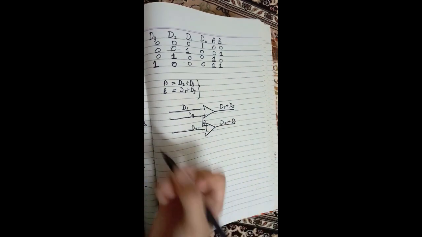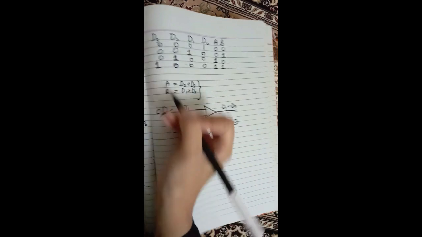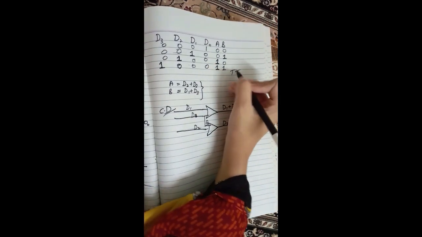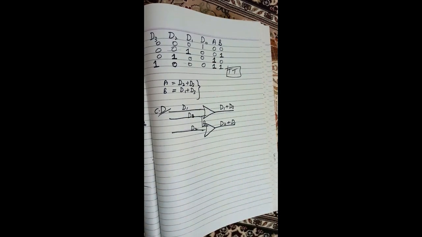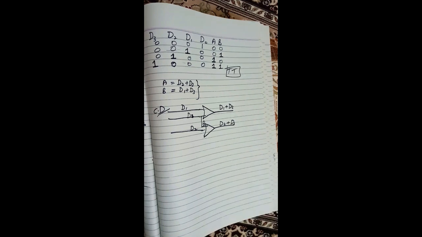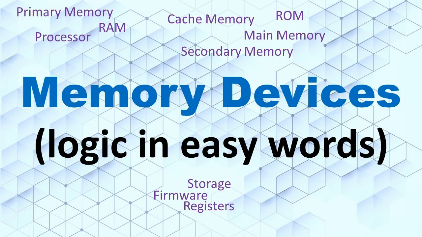Okay, this is the circuit diagram. This was our truth table and this was our decoder. As we drew it for the 4 inputs and the 2 outputs, we can also draw it with the 8 inputs and the 3 outputs, the opposite of the decoder.